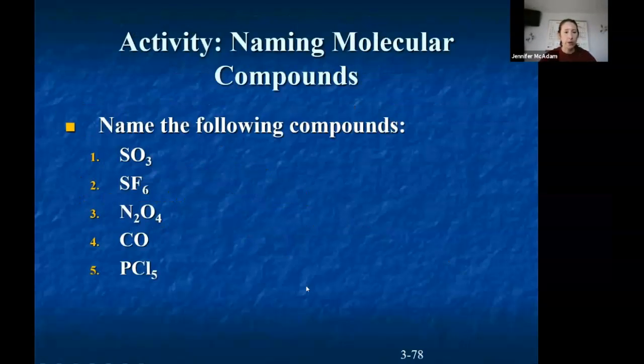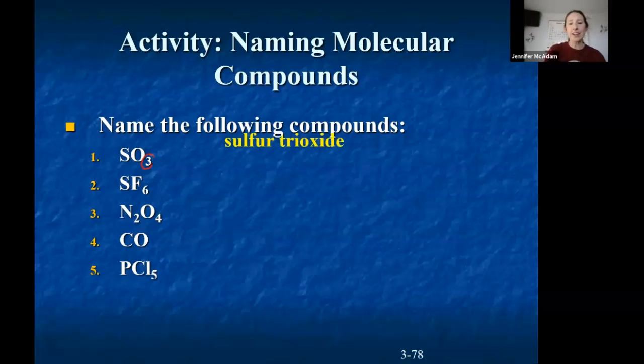Okay, we're going to try these one more time. So we do this one. Sulfur, I just wrote it for you. Trioxide. What would number 2 be? Yep, sulfur hexafluoride, 6 is hexafluoride.